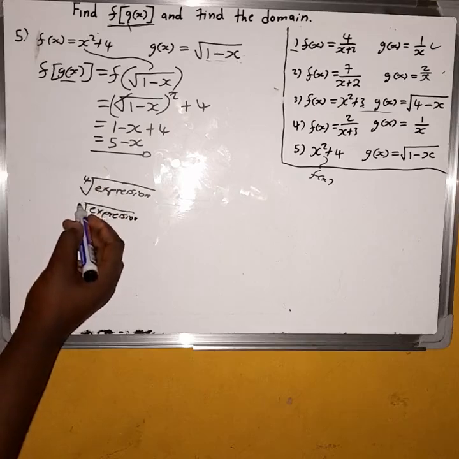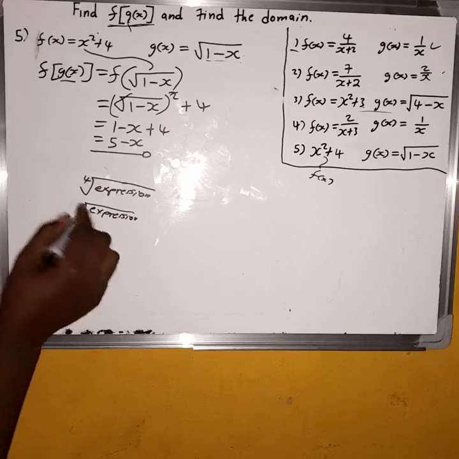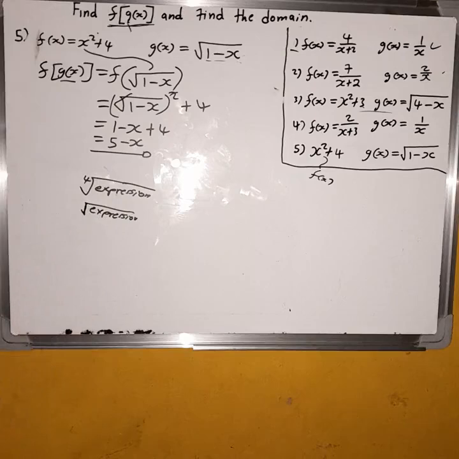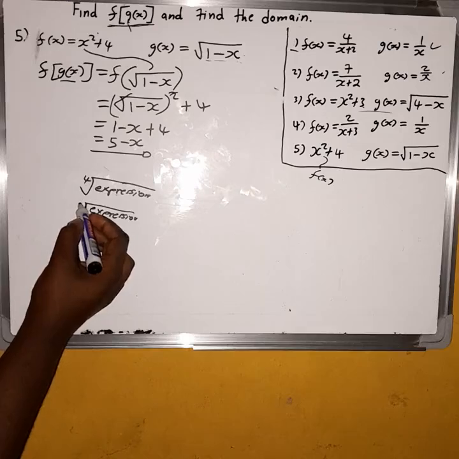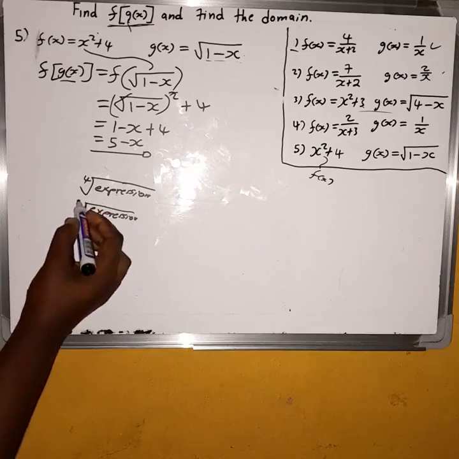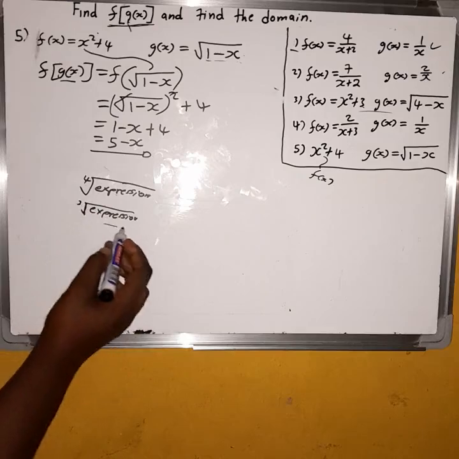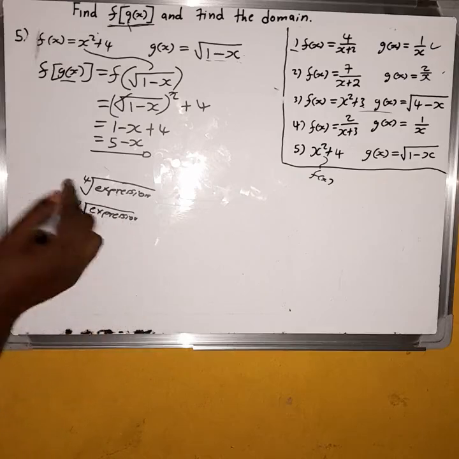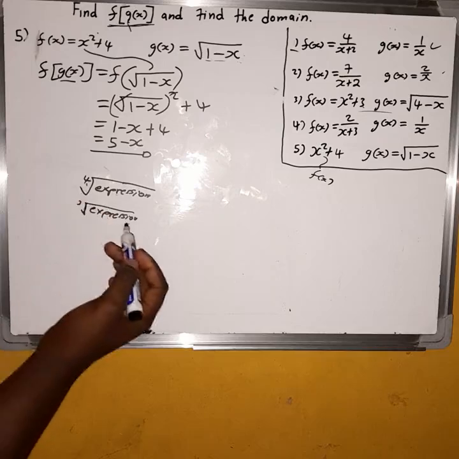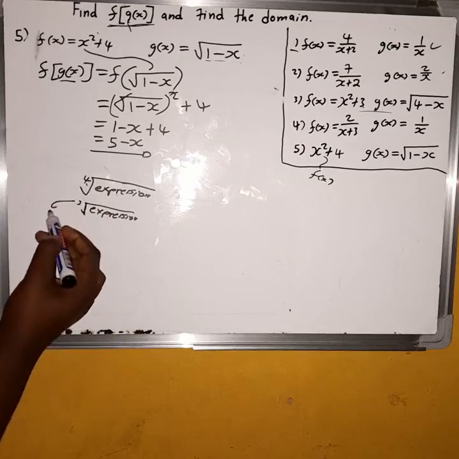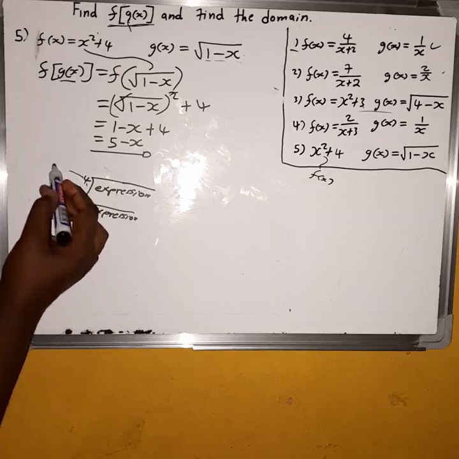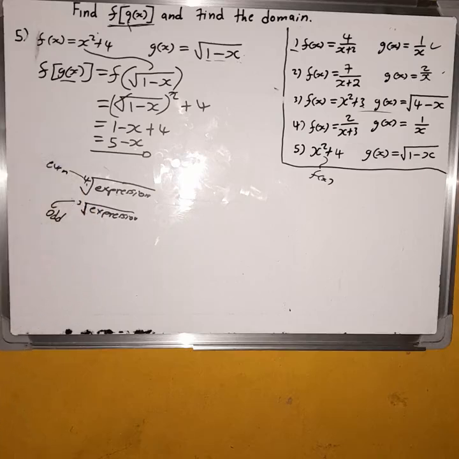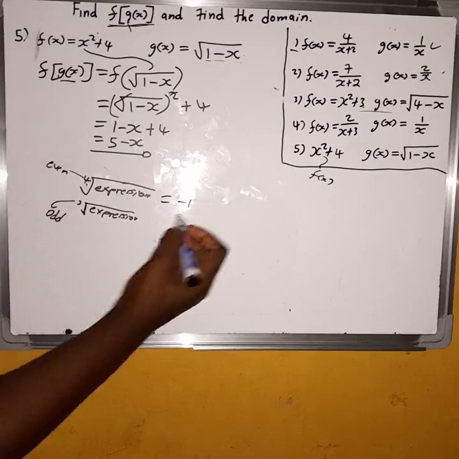Here maybe we have things like, let's say here 4, let's say here we have 3, and so on. So you see 3 is odd, and here we have even. If you have an even index there, the expression must not be negative.